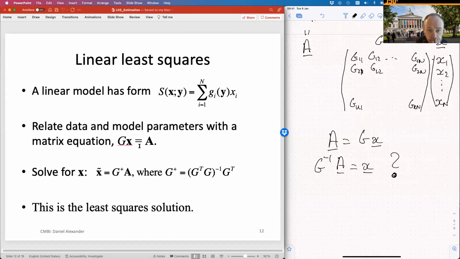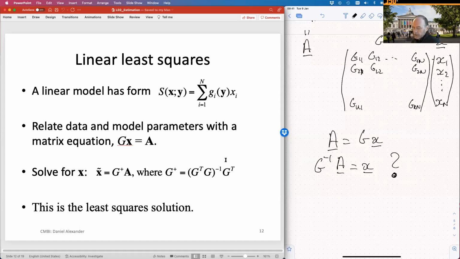Does that work? Answers in the chat, please. Not a square matrix, yeah, thank you, which means, of course, that it's not invertible. So I can't just simply take the inverse of it. I have to work a little bit harder to find a solution.